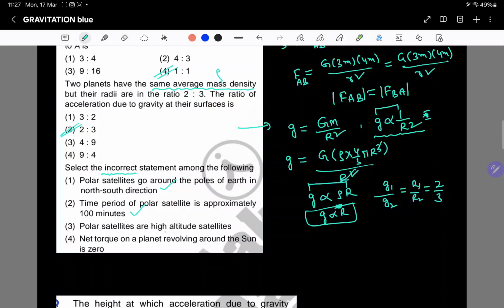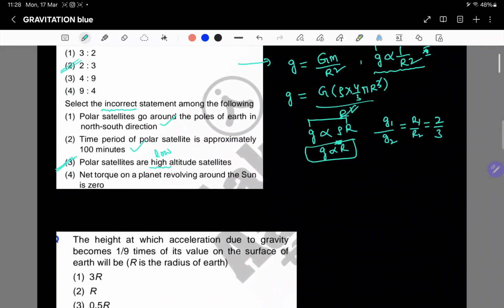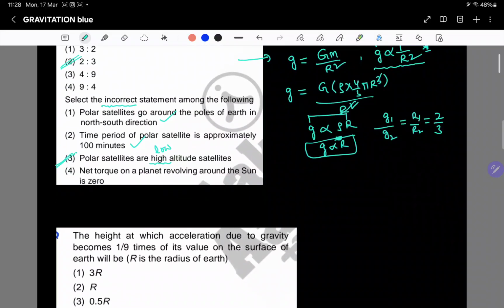No, students, low altitude. Polar satellites have less height only. Low altitude satellite is correct, but here high is given. This is incorrect, students. Since incorrect is asked, option 3 is correct. So theory questions are also important.